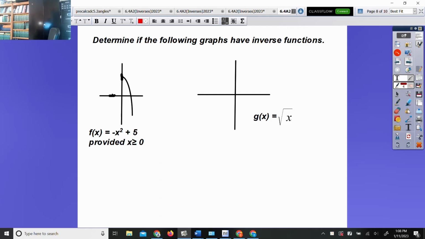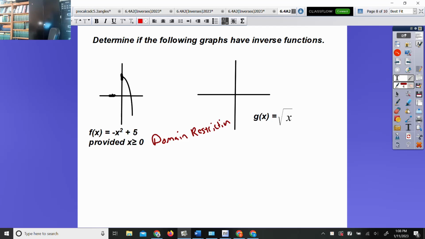What's there is called a domain restriction. And domain restrictions make things that are not invertible, invertible. That's what they're used for. It makes something that you couldn't find an inverse of invertible. That's why I call inverse sine arcsine, because there's a domain restriction there. It's not a true inverse. So we're going to write an inverse for this one.